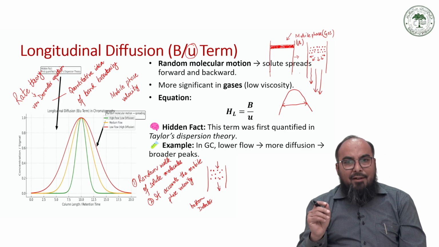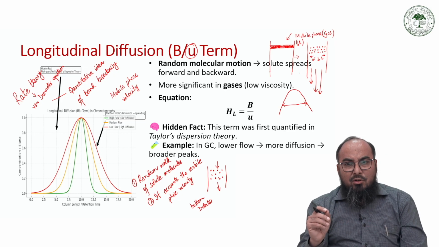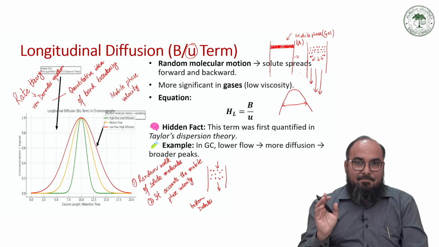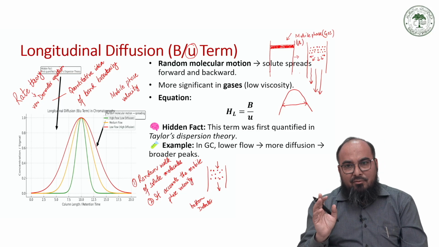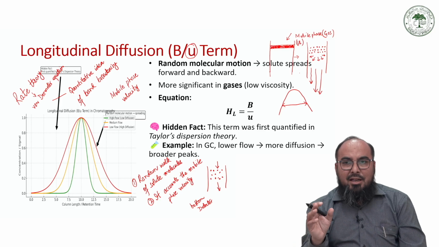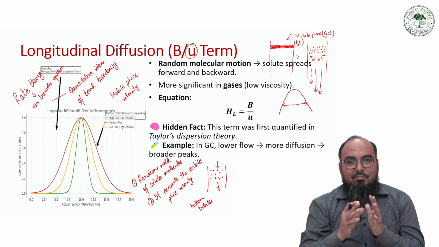So you have to increase the velocity of the mobile phase, so that they can move faster and their dispersion can be minimized.